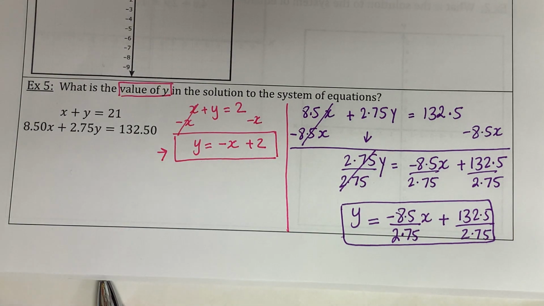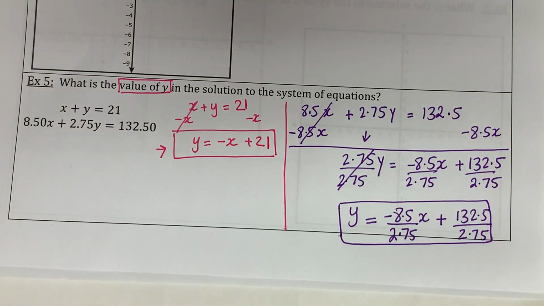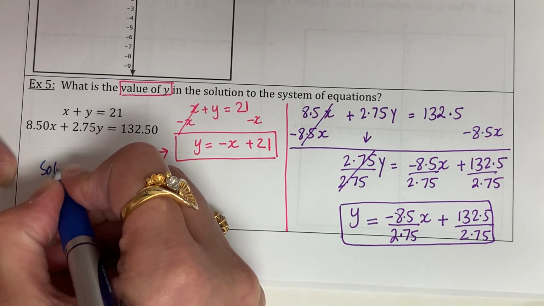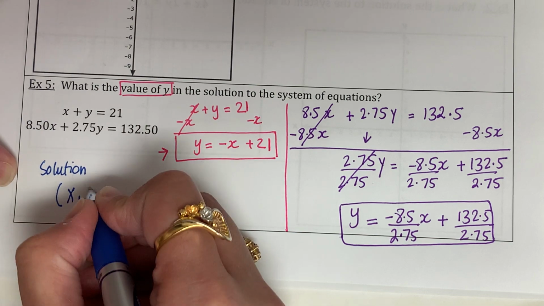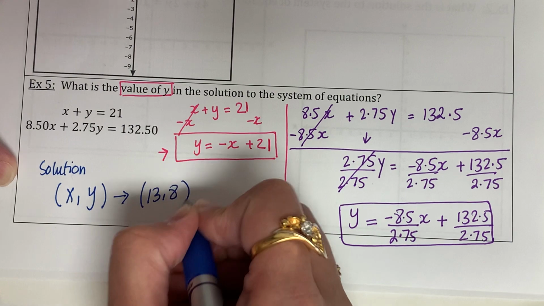All right, I have the question done in the calculator. Oh, this value, I copied the wrong number, it's 21. And I got the solution set. X comma y, which is 13, 8.